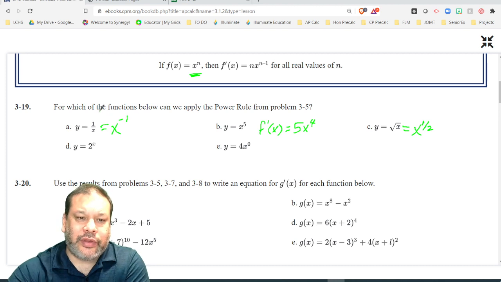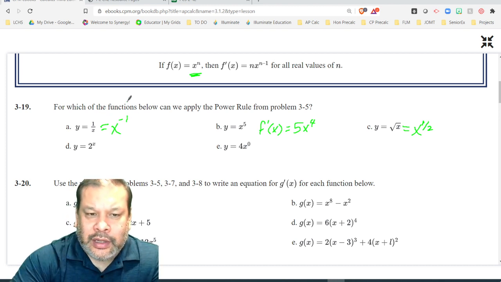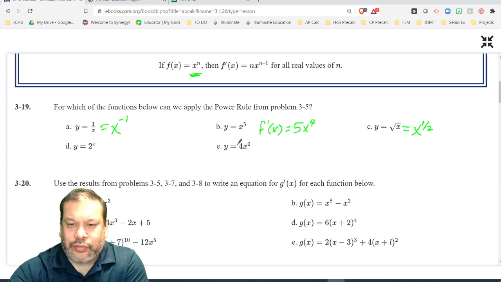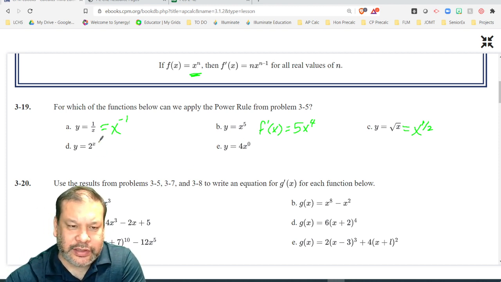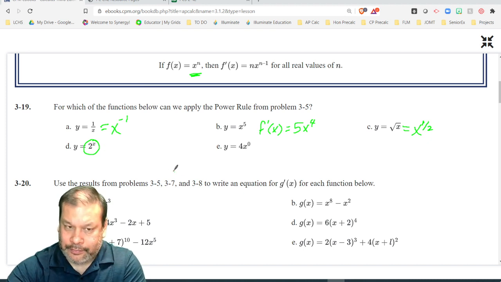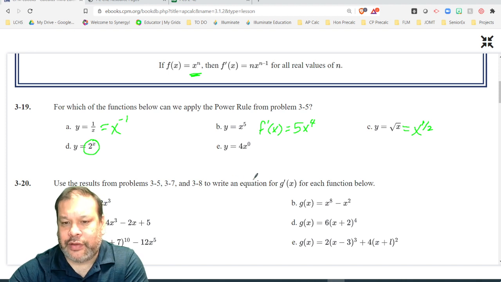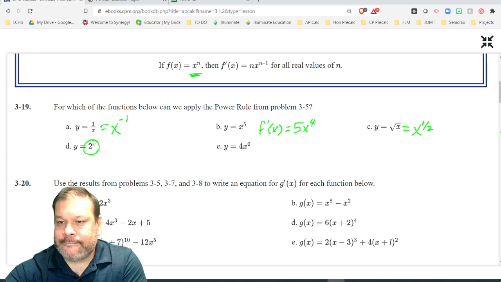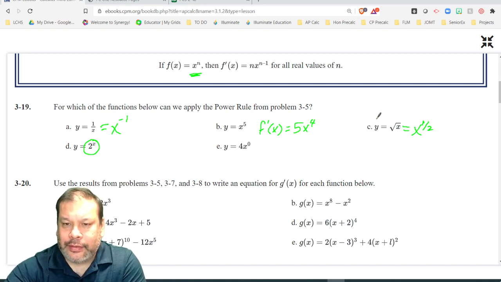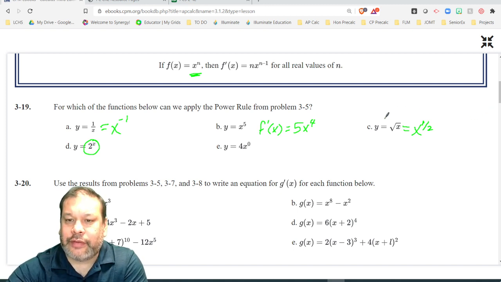The question is which of the functions below can the power rule be applied to, and you'll find that you can apply it to each one of these, with the exception of 2 to the x, where x is the exponent. We'll learn in a later lesson how to find the derivative of that function. So you might not be able to directly apply the power rule, so you have to manipulate it algebraically.